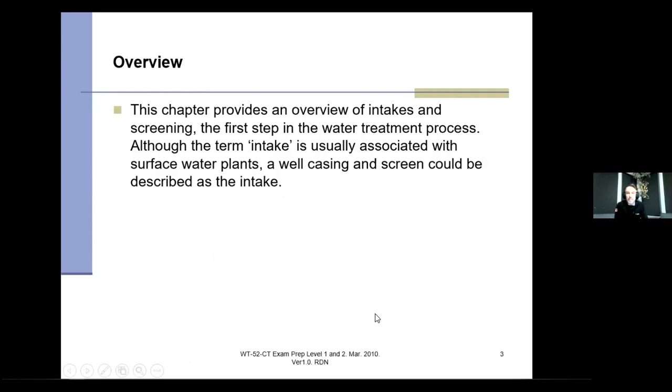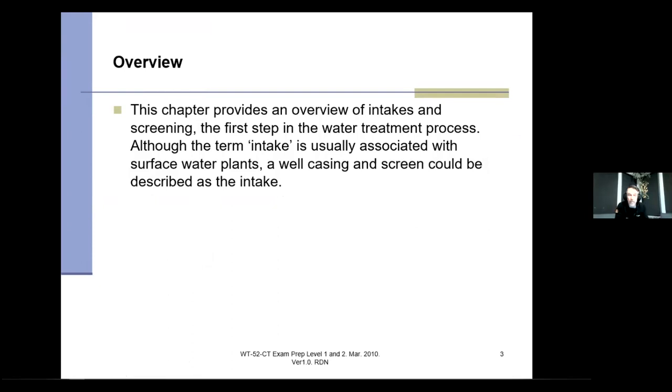So we're going to split this up a little. We'll start with intakes and screening, and that's always the first step in the water treatment process. It doesn't matter if we have a surface water source, which we talked about, or a groundwater source, because with surface water, again, you're going to have a screen. We'll take a look at one in a second.